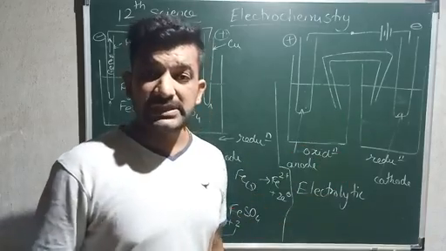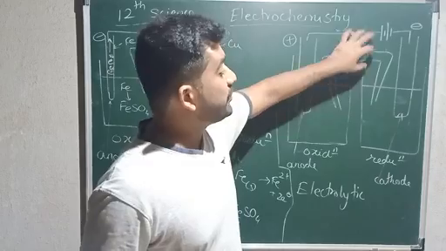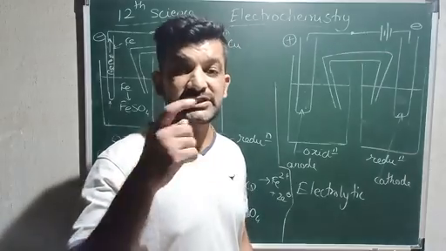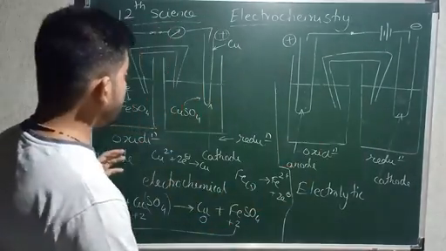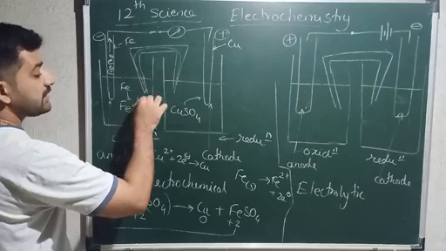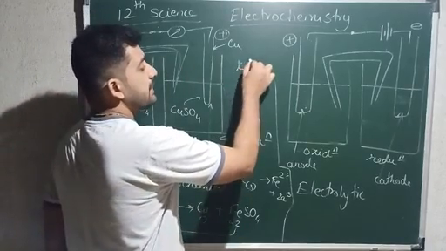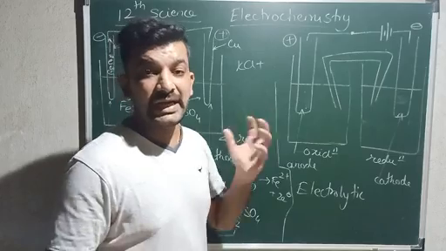This is a salt bridge. This salt bridge is important because if you are not using the salt bridge, there is no electrical contact or exchange of electrons between these two cells. So for the ions to move, for the K+ ions, this salt bridge is made by a saturated solution of KCl and agar-agar gel.